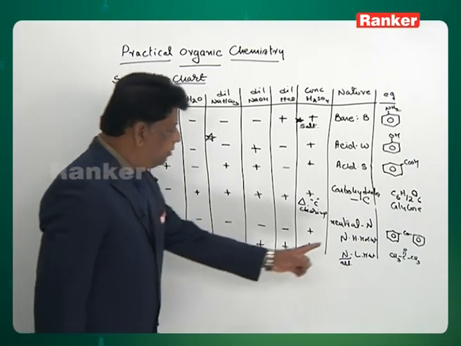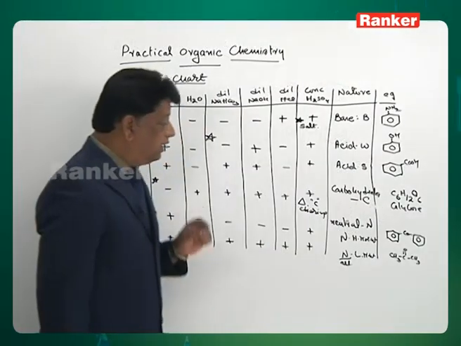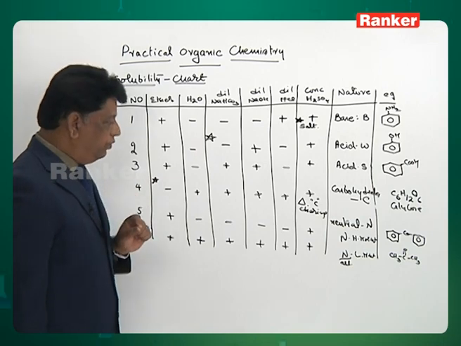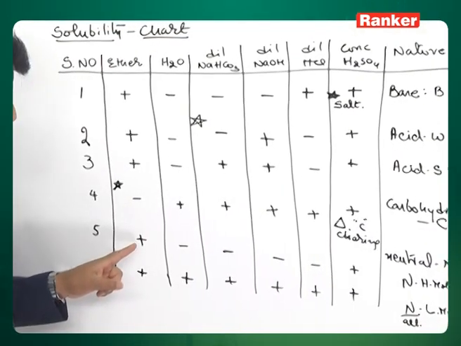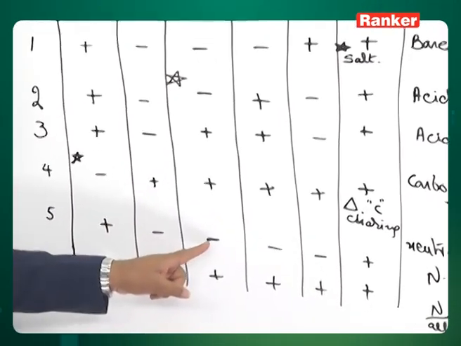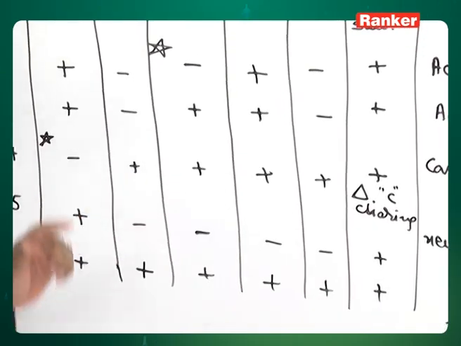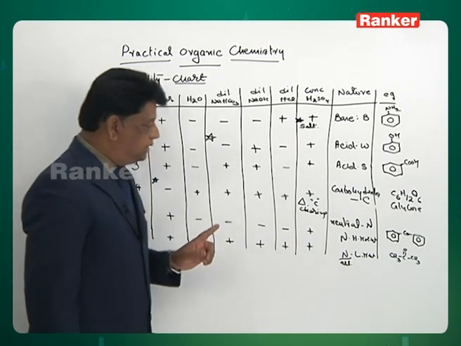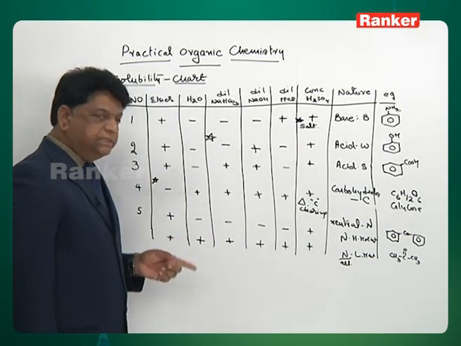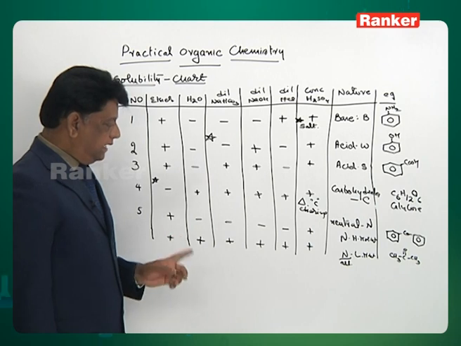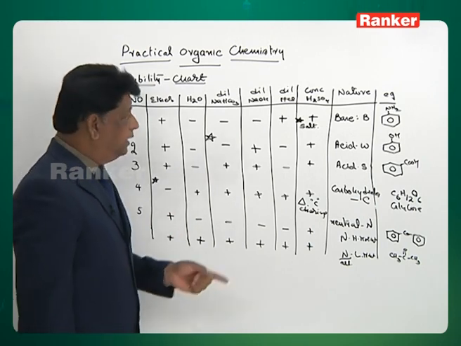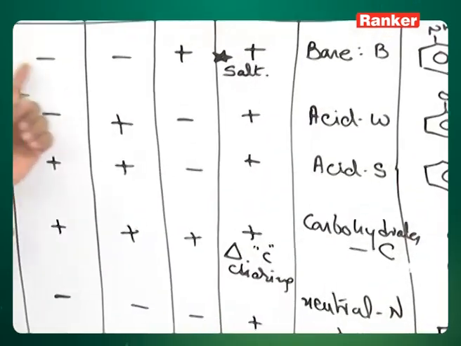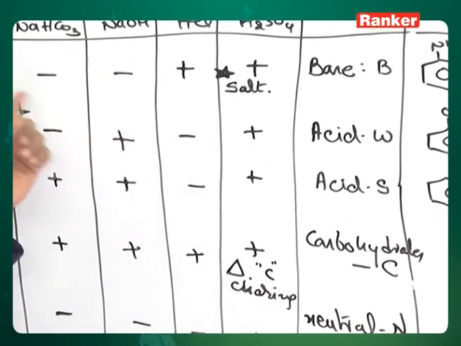But in the neutral compounds we have a higher molecular weight type like benzophenone, which is insoluble in water, soluble in ether. This insolubility it shows in all the acids and bases. Acetone, acetaldehyde, smaller acids like acetic acid, smaller alcohols, smaller amines: aniline shows specificity here, the acid and base demarcation.